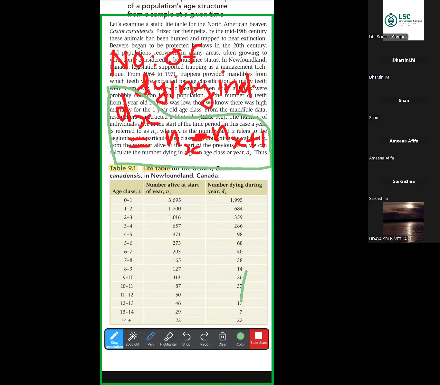So consider this example. In the age class 0 to 1, you can see the number of individuals alive at the start of the population is 3,695. Okay.